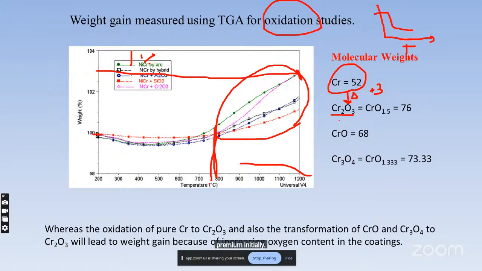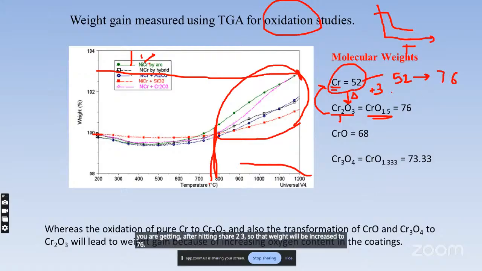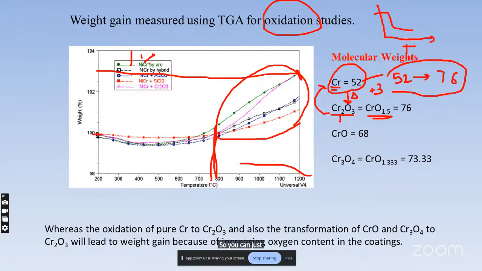Now we have to relate this Cr2 to 1 chromium, so you just divide by 2, you will have CrO1.5. For 1 chromium having weight 52, after heating you are getting Cr2O3, so that weight will increase to 76. So you can check how much percent weight gain is there by doing the cross calculation.